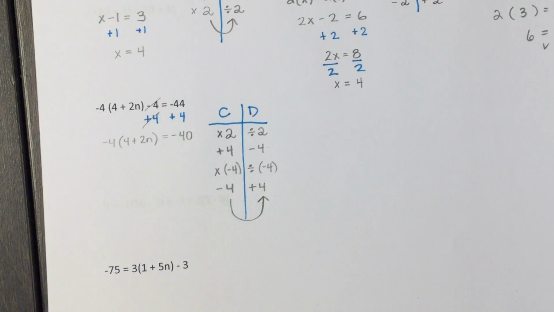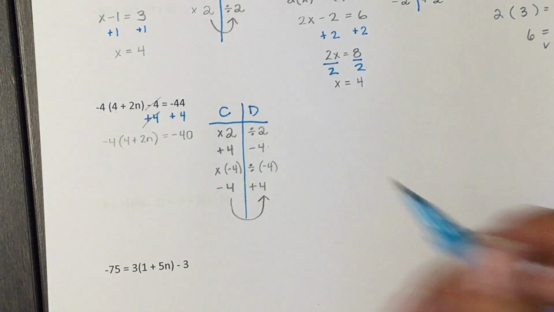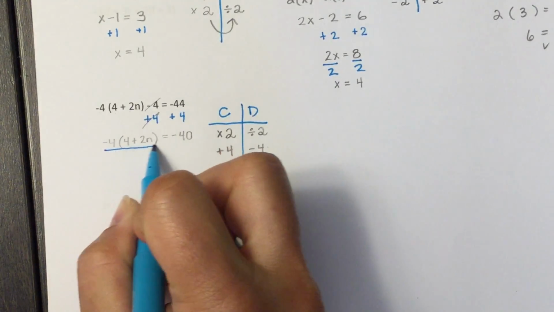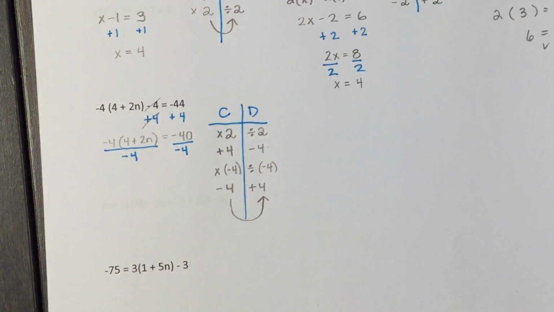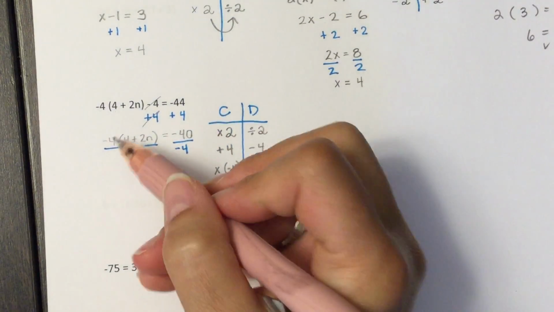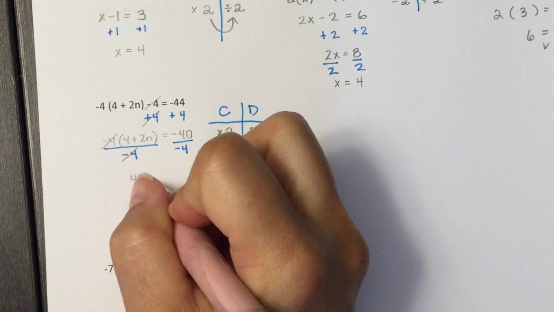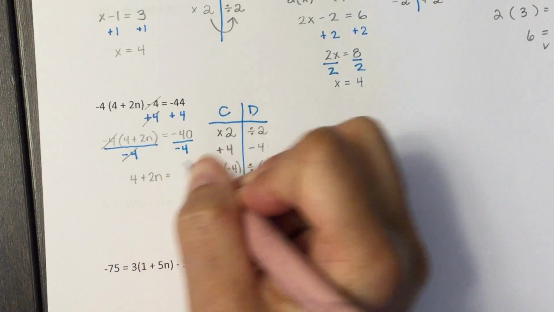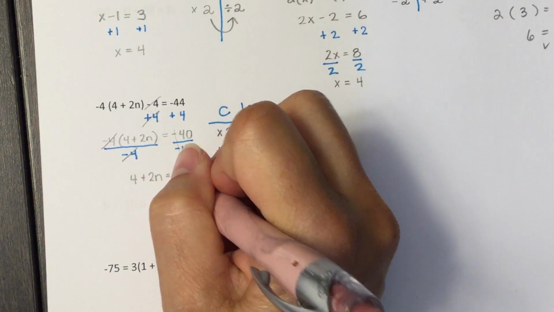Next step, divide everything by negative 4. Then this cancels out, and I'm left with 4 plus 2n on the left, and on the right, the negatives cancel out, and I'm left with 10.